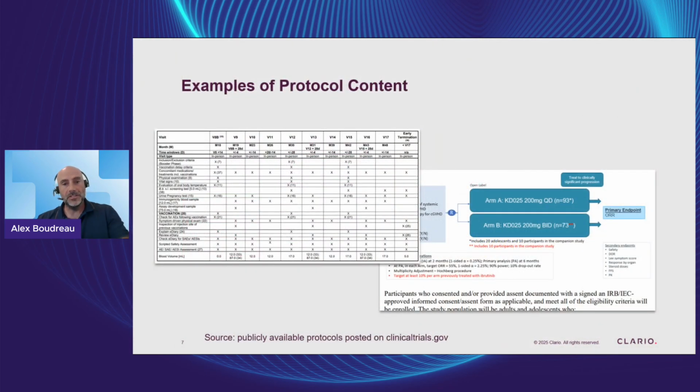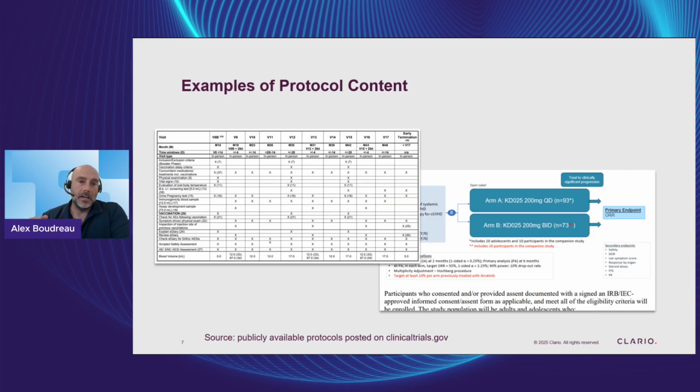To give you a sense of that complexity, here you have some screenshots from public protocols that were posted to clinicaltrials.gov. On the left, you have a table, which is a schedule of events. You've got the different visit types, the endpoints being conducted, and the schedule of those endpoints and visits. As you can see, there's a lot of information, very busy.